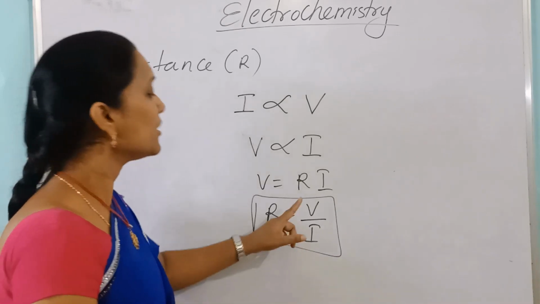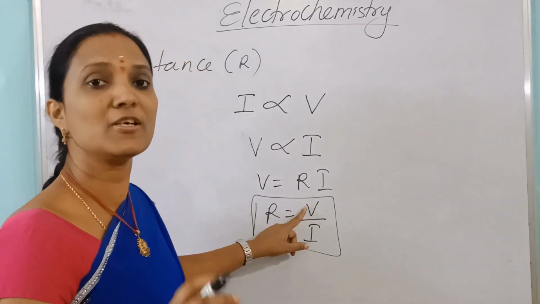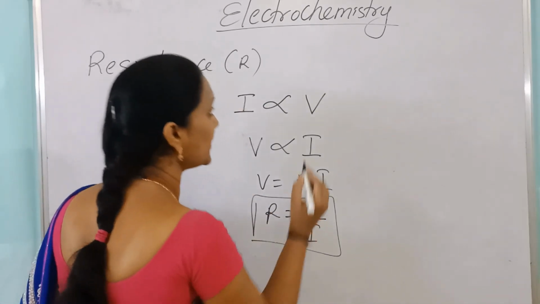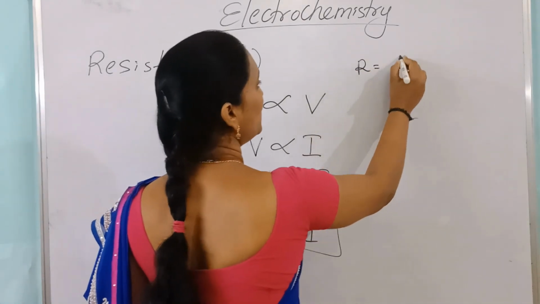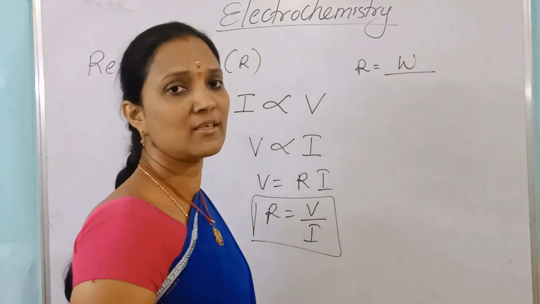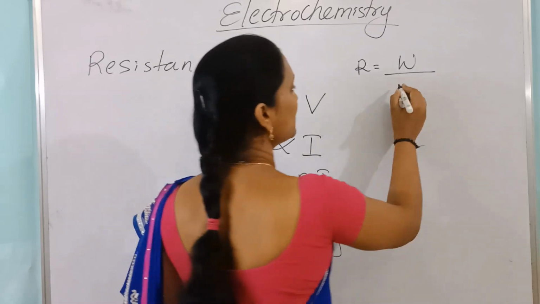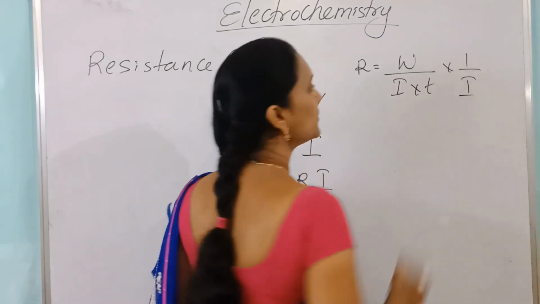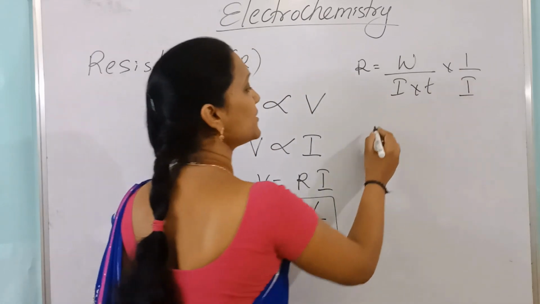Potential difference is nothing but the work per unit charge. So R is equal to work per unit charge, divided by the current I. Charge means current into time, I into T. So R is work by I into T into 1 by I. What is work?